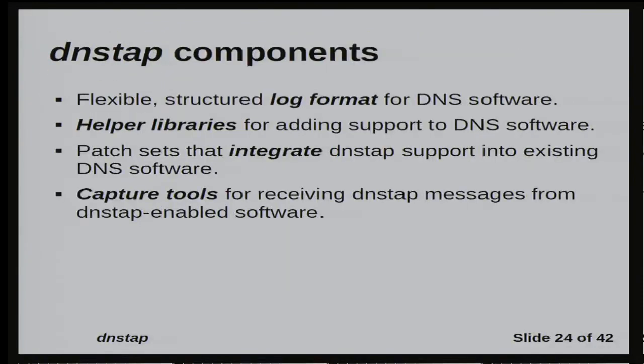This is a fair amount of different components. We have the log format itself for dnstap. We have some different helper libraries for parsing and generating, sending and receiving these log messages. Then we have patch sets that integrate dnstap support into the existing DNS software.